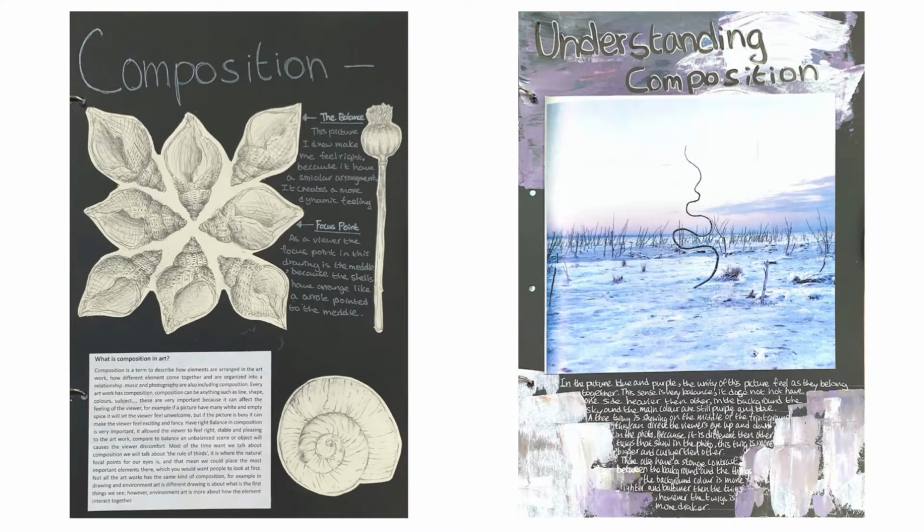Here I am exploring composition, and these are some observational drawings that I did by looking at shells and plants, and then here is me explaining what composition is in art in my own words. And on this page is to explain to the teacher my understanding of composition, and by evaluating this environmental art. Believe it or not, this is an environmental art.